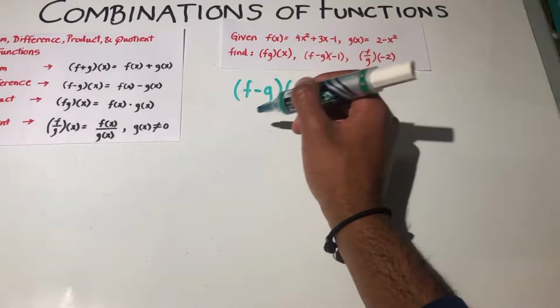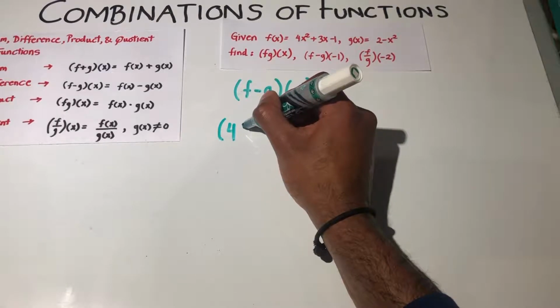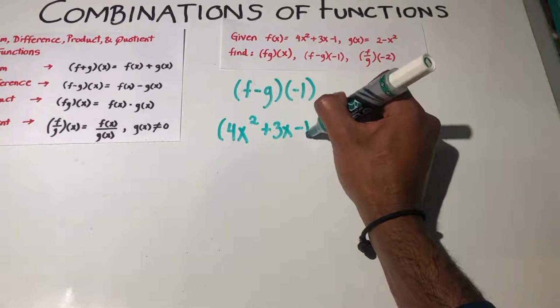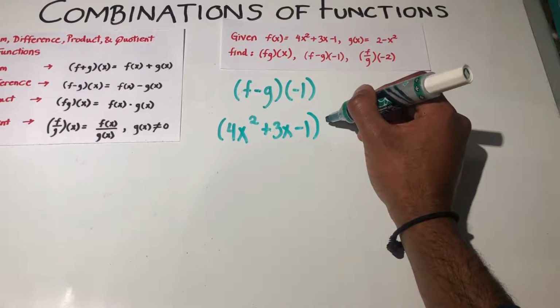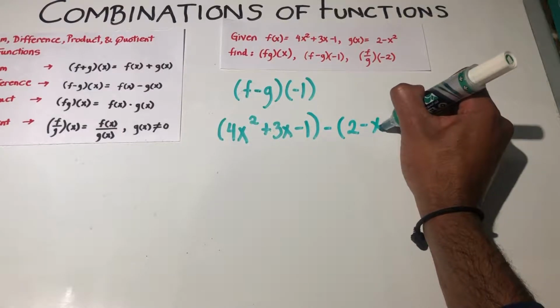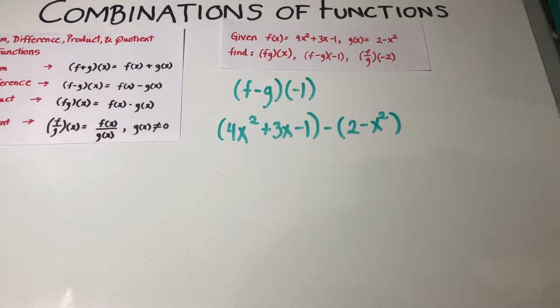So 4x squared plus 3x minus 1 minus 2 minus x squared. And you can go ahead and simplify this first. I'd rather do that, and then plug in negative 1 for x.